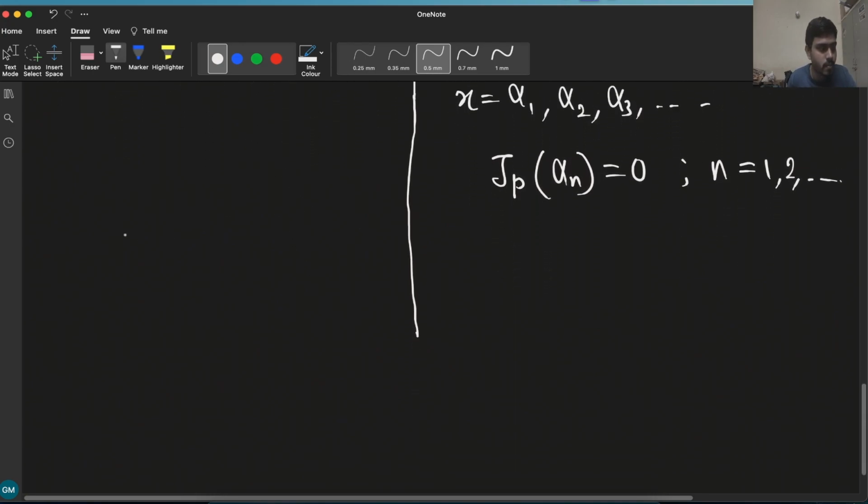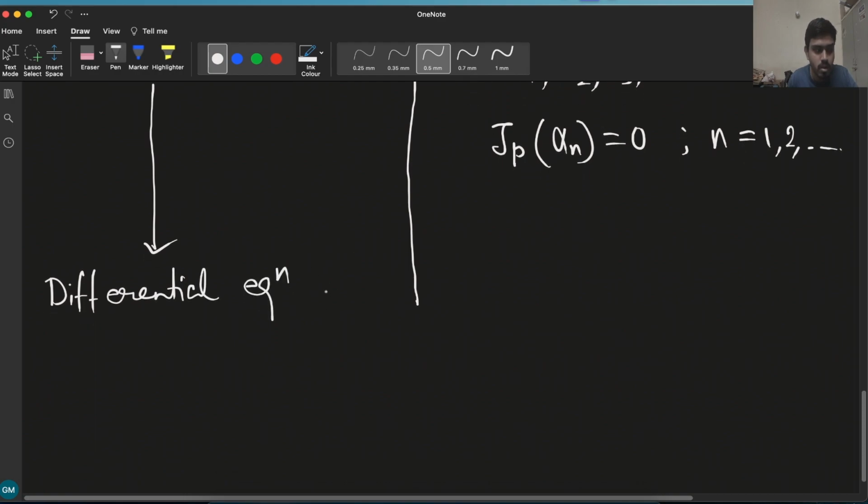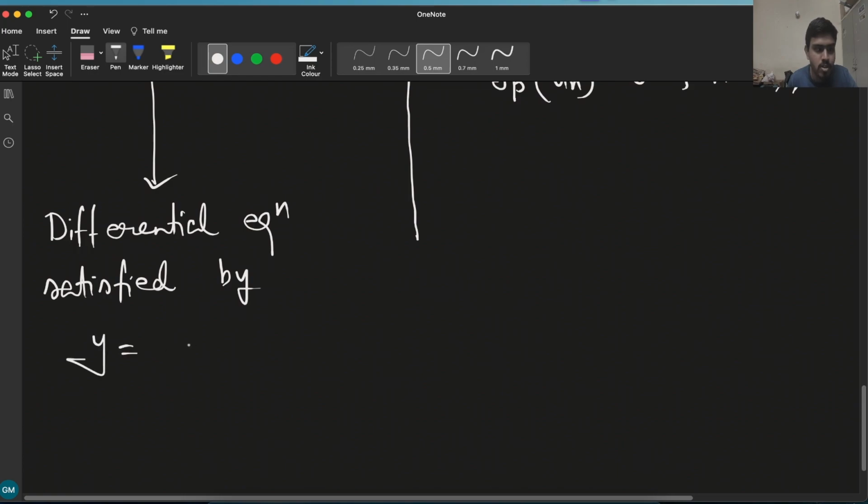Now the differential equation satisfied by y equals sine of n pi x.